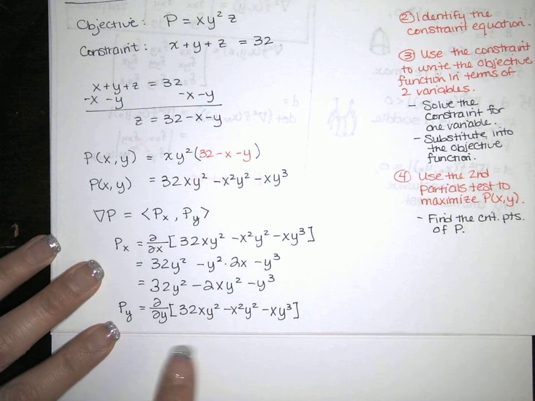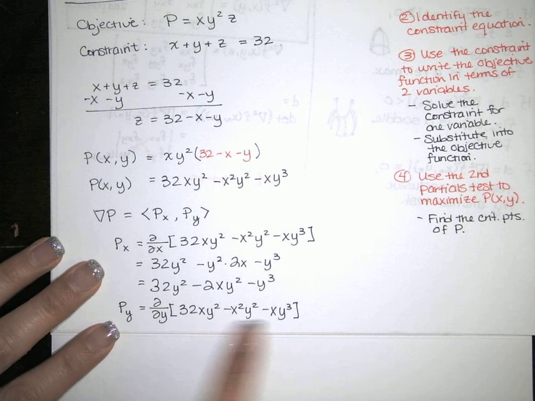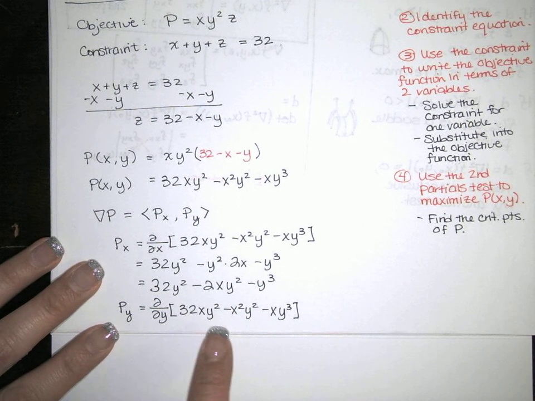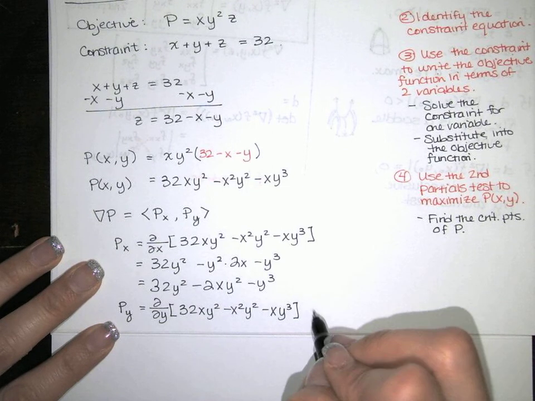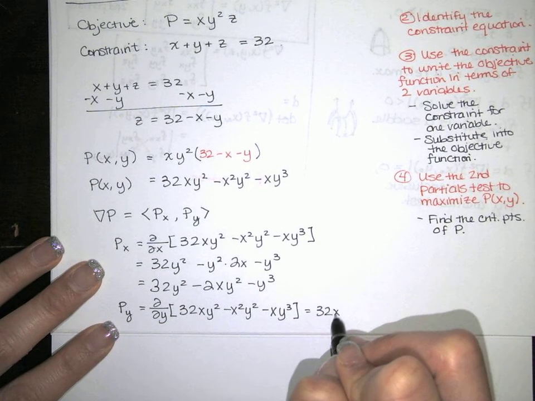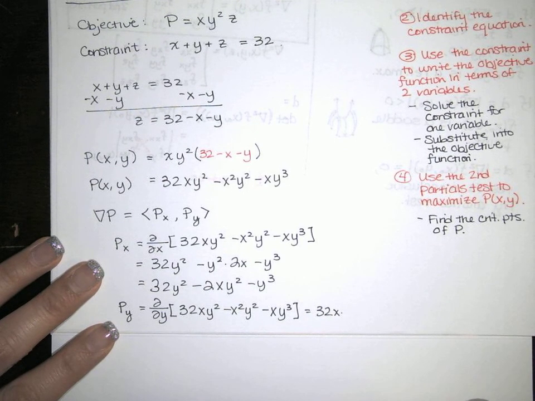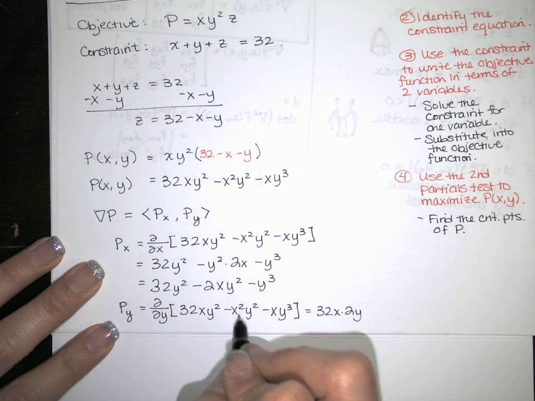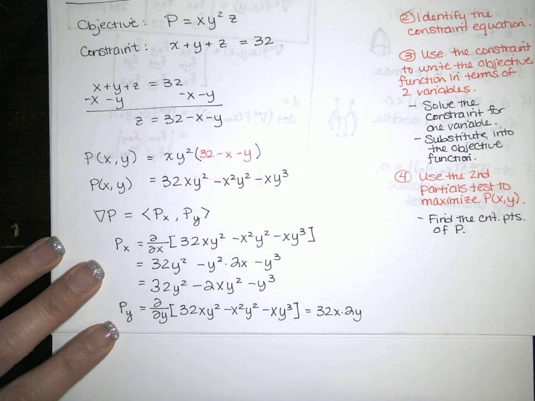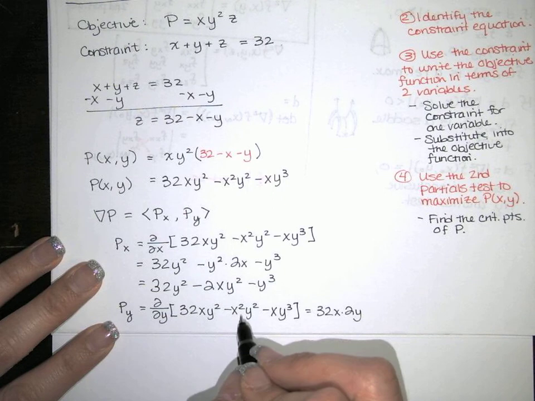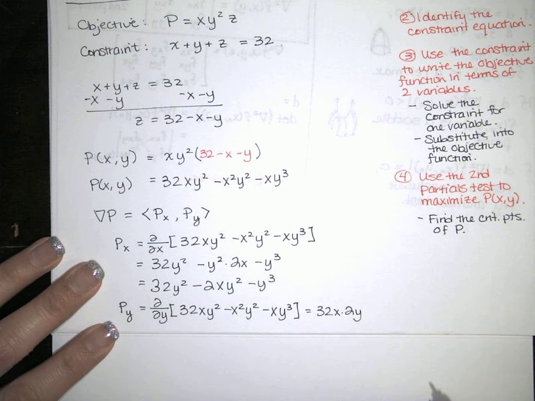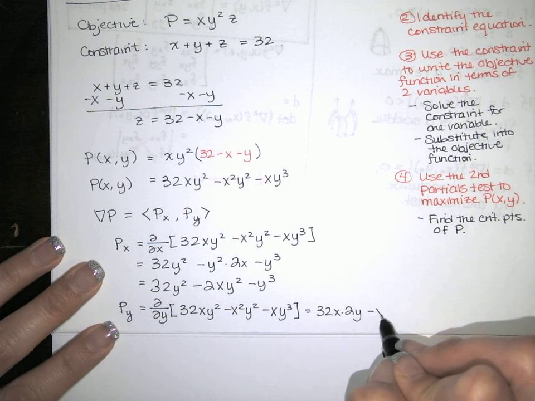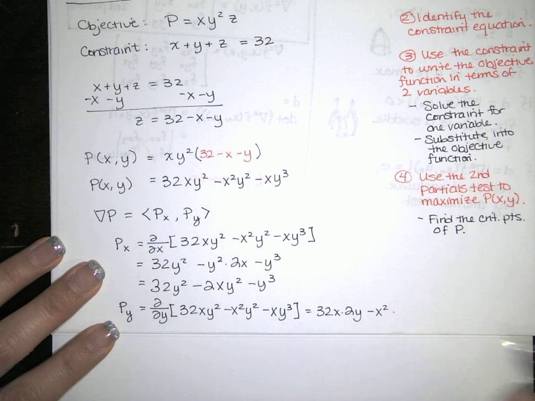Okay, so we're taking the derivative of this guy with respect to y now. This is a constant times y squared, so we bring our constant down and we differentiate y squared with respect to y. That's 2y. And over here I've got a constant times y squared again. The derivative of a constant times y squared is the constant times the derivative of y squared with respect to y, that's 2y.